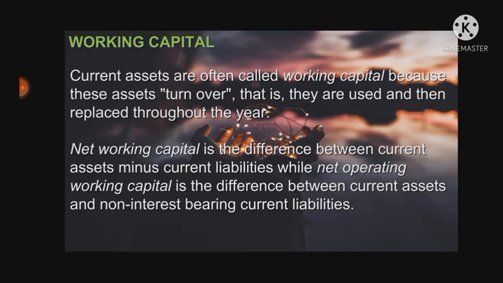Current assets include cash, account receivable, and inventories, and exclude marketable securities, while the non-interest bearing current liabilities refers to the amount of money a company must pay off within the year but does not owe interest on.